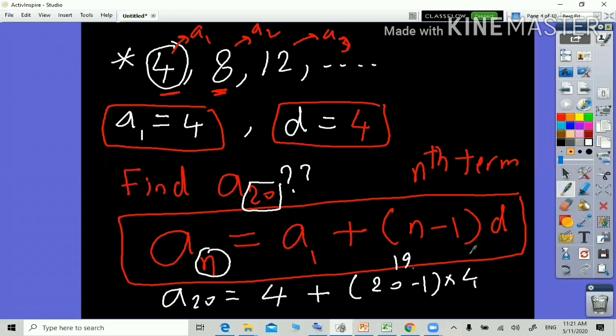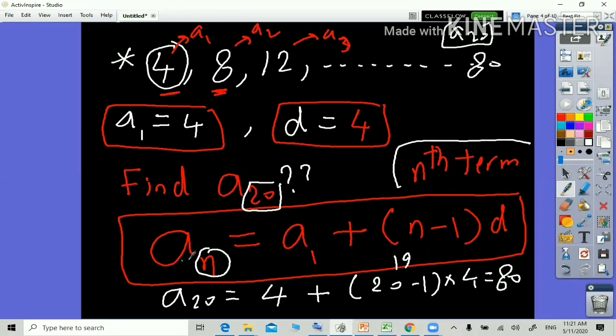As we said before, BIMDAS: you multiply, then add. 19 times 4 is 76. Then add 4. It will be 80. So A20 is 80. Now we know the importance of the nth term.